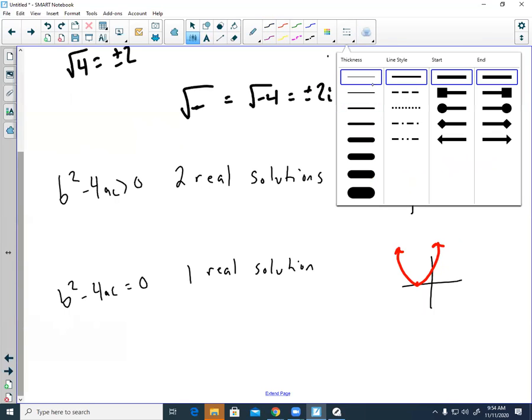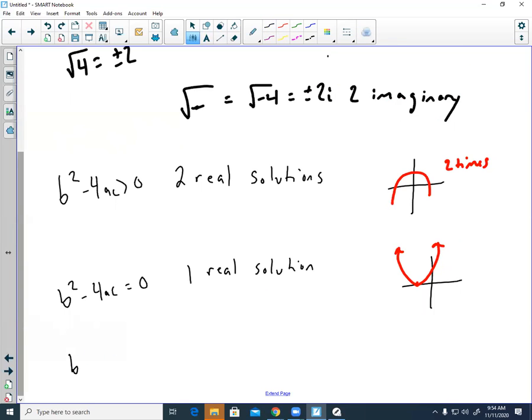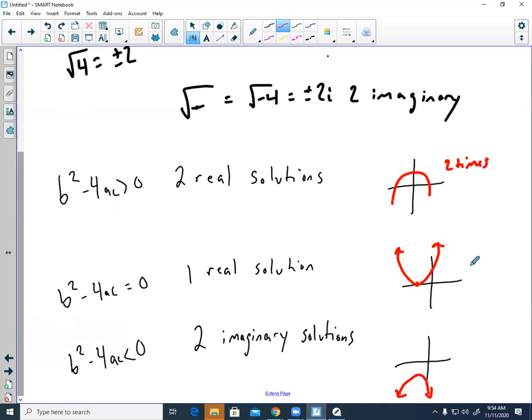And then finally, the last one is when we have b squared minus 4ac less than 0. This would mean that I have two imaginary solutions because it would be a negative inside the radical. And if it has two imaginary solutions, that means that my graph would never ever cross the x-axis. So that's what it would look like.